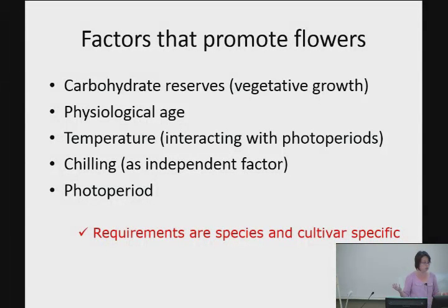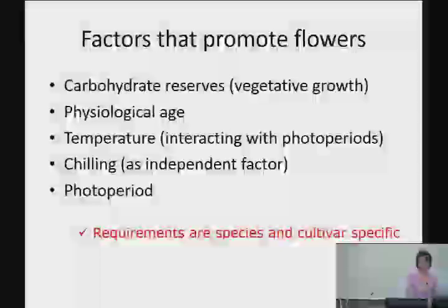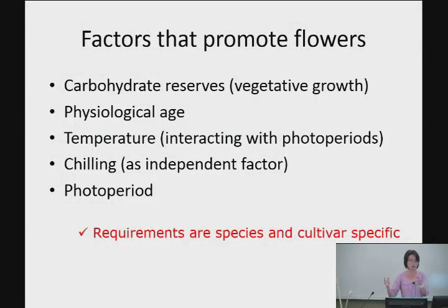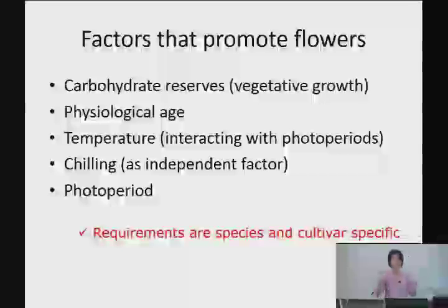And temperature, some plants have an interaction, so that in this range of temperature, they respond almost like short day plants, and in this range of temperatures, they respond as day neutral. So there are interactions between temperature and photoperiod. And of course, some plants require chilling before having the flowering response to the photoperiod.